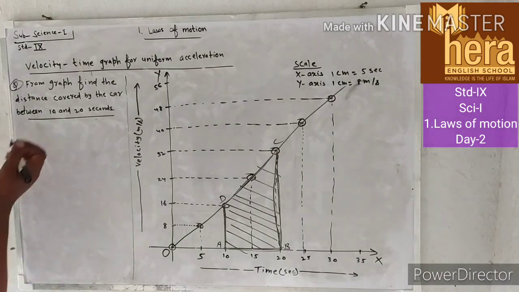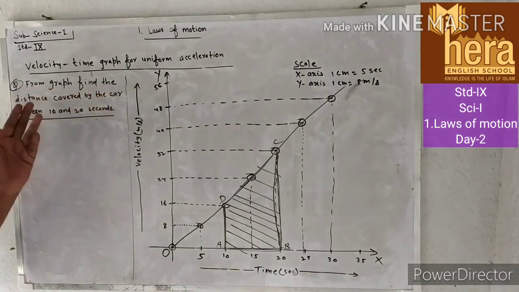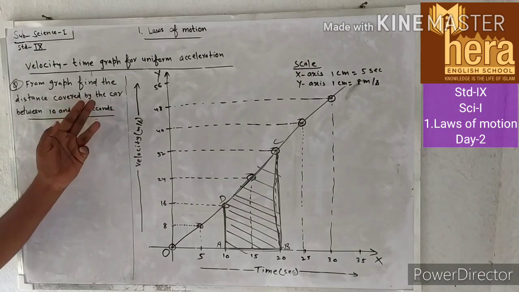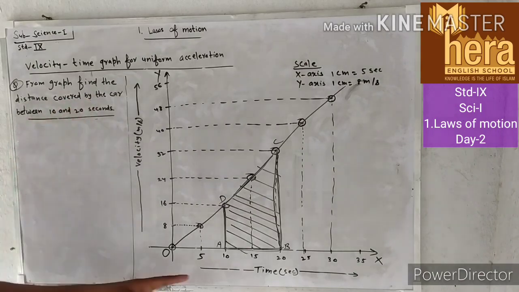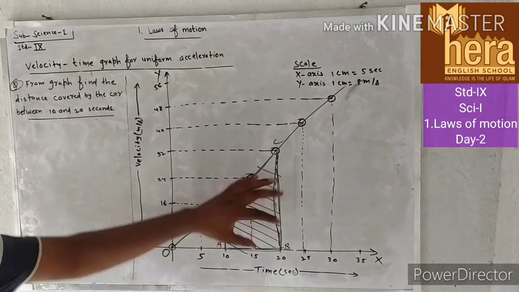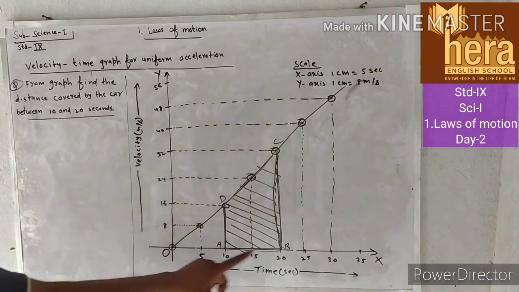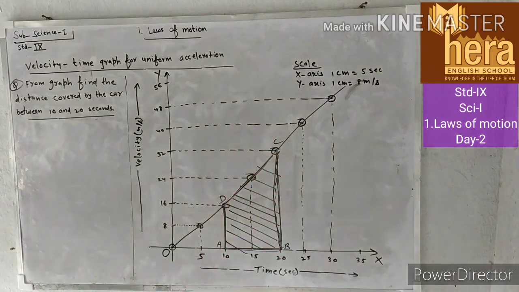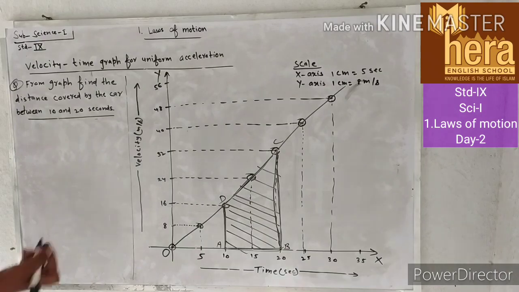Find from the graph the distance covered by the car between 10 and 20 seconds. So you have to find the area of trapezium ABCD, okay?